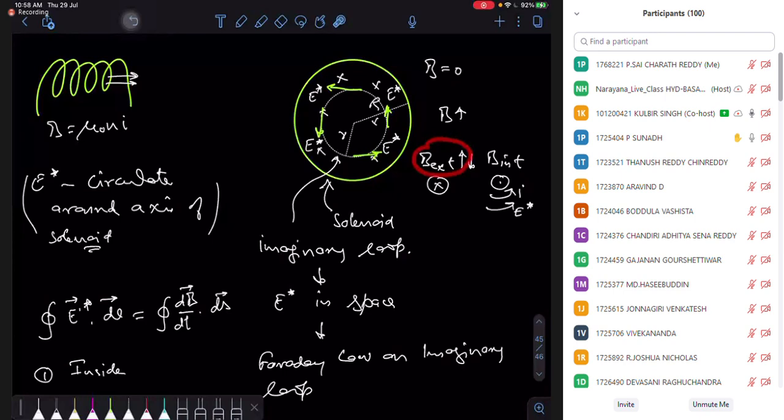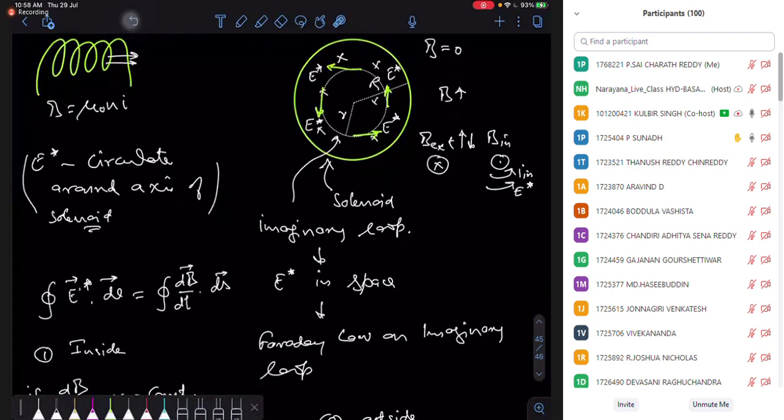The external field is creating the flux, and this external field is increasing. So this induced current generates some magnetic field, which I'm calling internal, or you can say induced. The induced magnetic field is created by the current, and this induced current is created by the induced electric field.